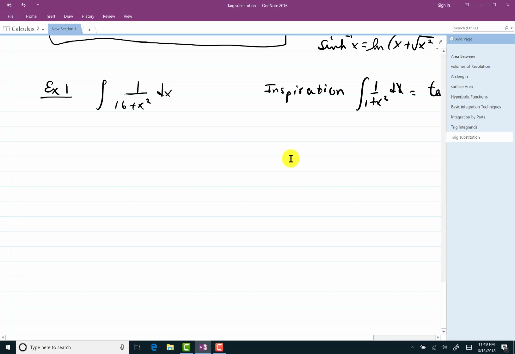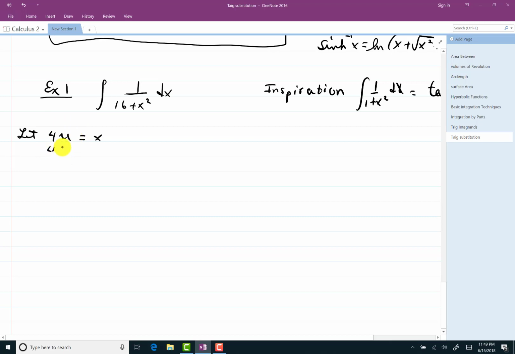Well, one of the things we could do is I could let x equal 4u. See, x can go from negative infinity to infinity. There's no restriction on x's. There's nothing even here that makes this denominator 0. But the function for u can be anything also. So I've got that covered.